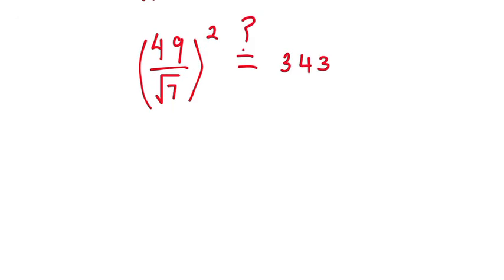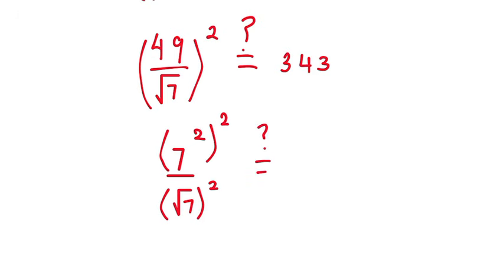Now you know that this 49 can be written as 7 to the power of 2. Then over this root 7, we have root 7, and we can share the power 2. Will this give us 343?